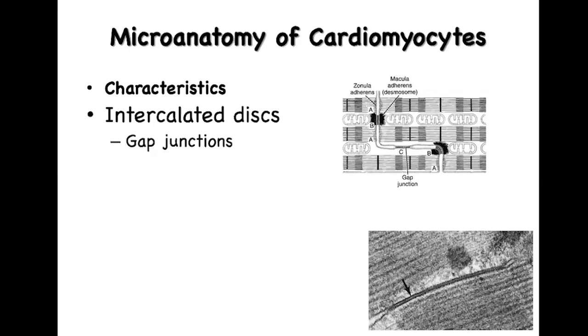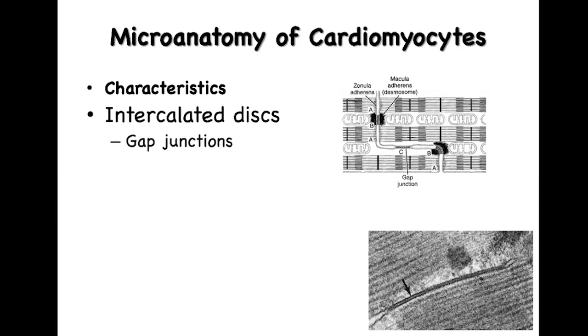Gap junctions, which are like little tunnels between the two adjacent cells. These gap junctions are made from proteins that are part of the cell membranes of the two adjacent cells, and this allows ions to travel from one cell to the other without having to go across a cell membrane.